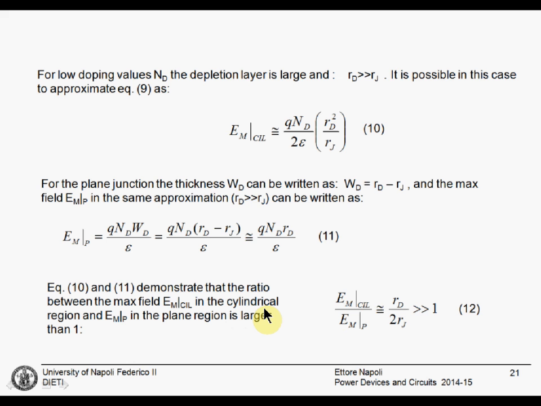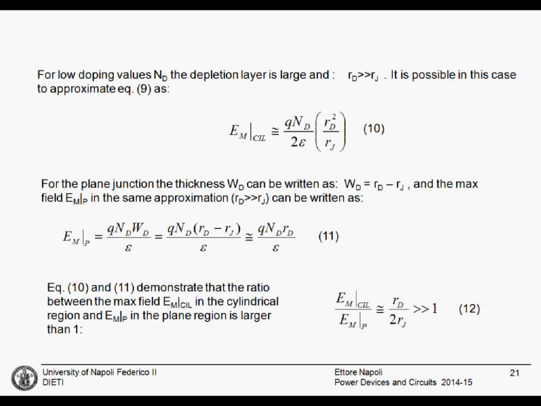Okay. These slides are full of errors as you see. This ratio, however, is very simple because the physical constants are removed and also the doping, and we see that it is equal to Rd divided by twice Rj. And this is much larger than 1, since RD is much larger than Rj.